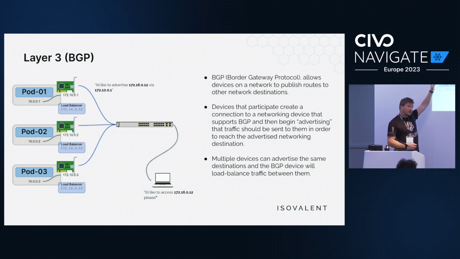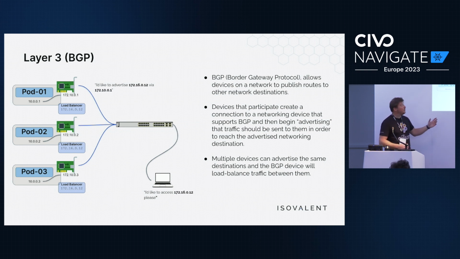And what they do with BGP is they will speak to some hardware equipment, typically a router or a top-of-rack switch, and they will say to that router, I would like to advertise this gateway address. So when traffic goes to that router, it now knows that to get to that IP address, I will route it to one of these machines which are saying, I have this IP address.